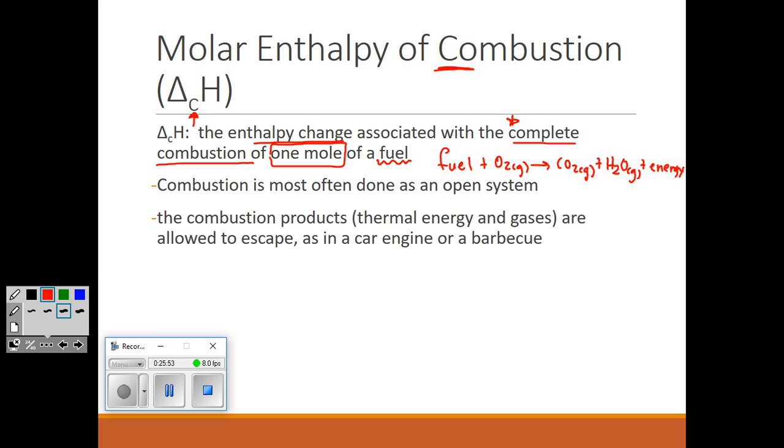You might not have included energy before, but now we know that combustion reactions are exothermic, and the energy will be a product at the end of the reaction.